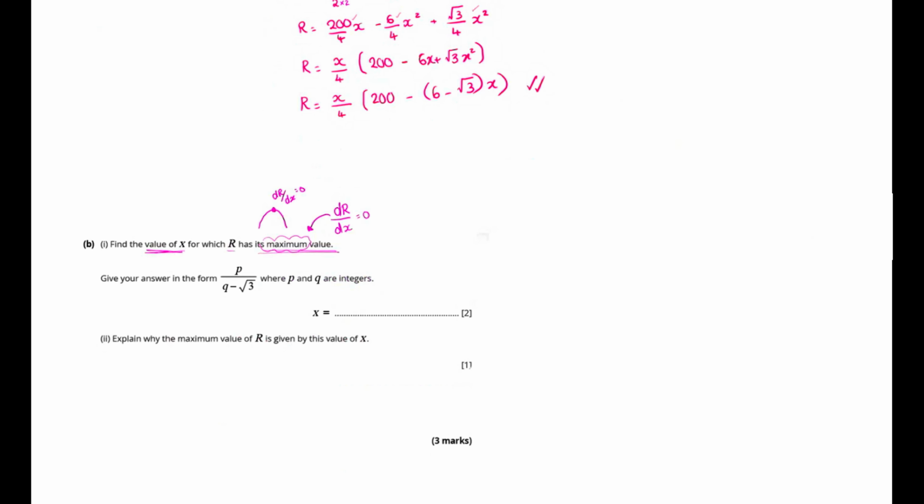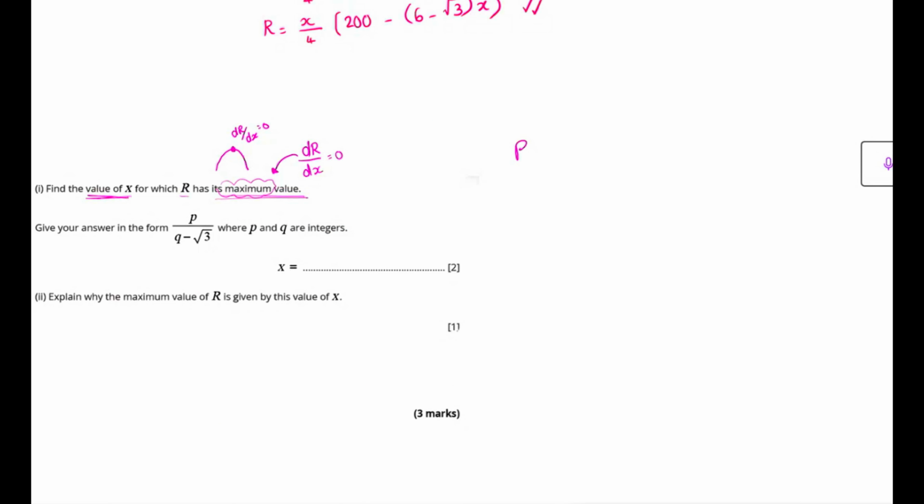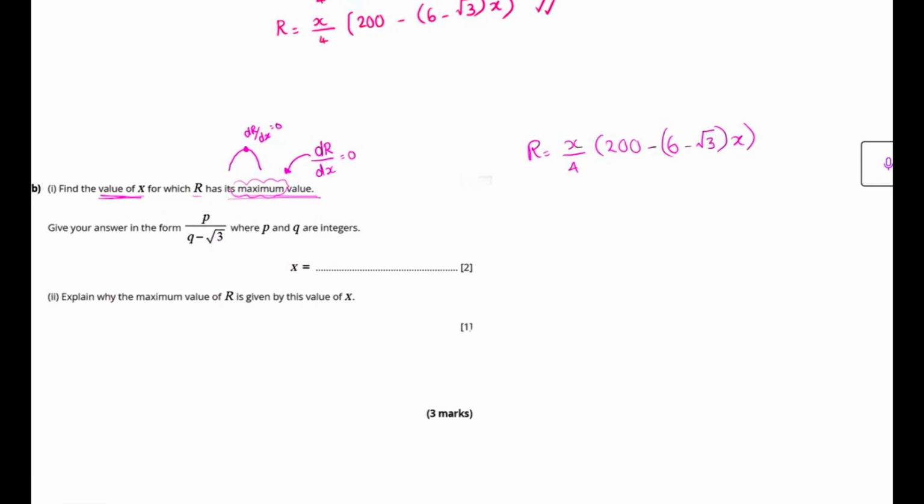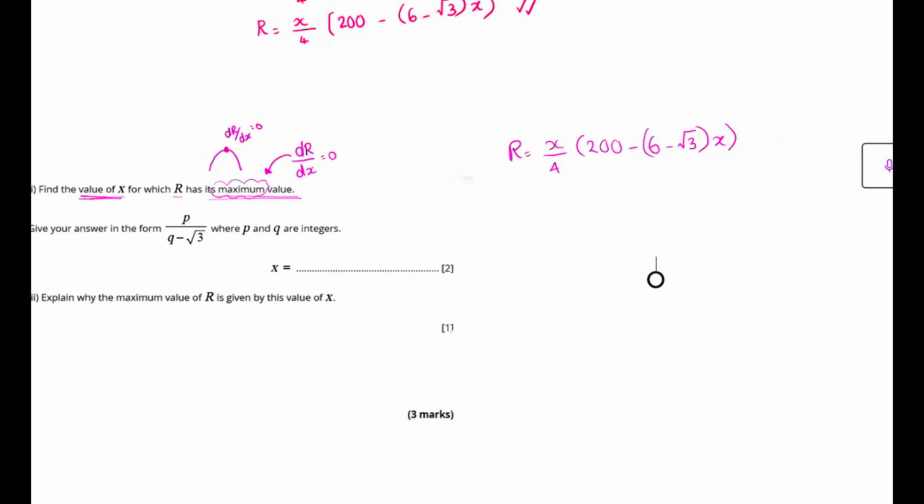So I'm just going to rewrite it. We have R equals x over 4, 200 minus 6 minus root 3, x, okay? Now I need to get dr over dx. So before I do that, let's just make this nicer to differentiate.